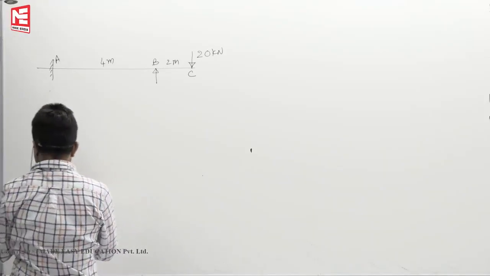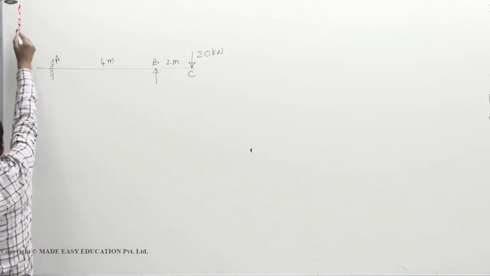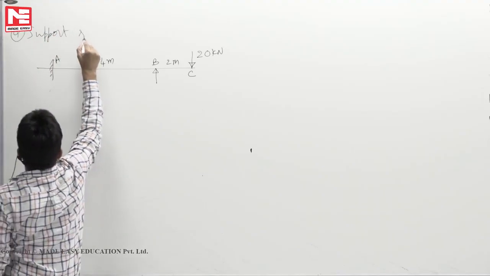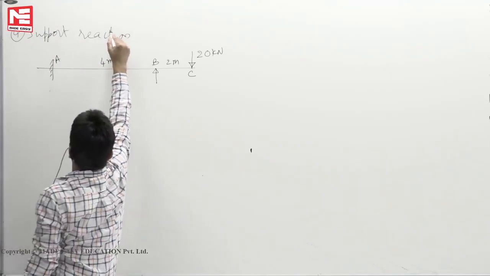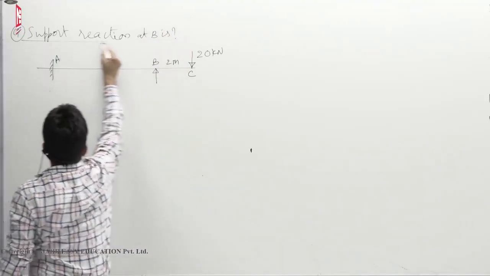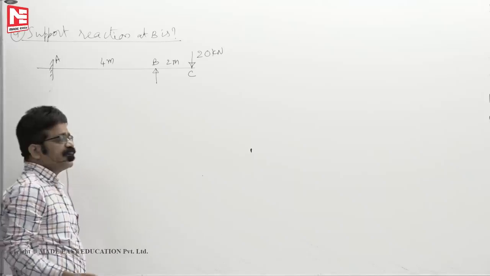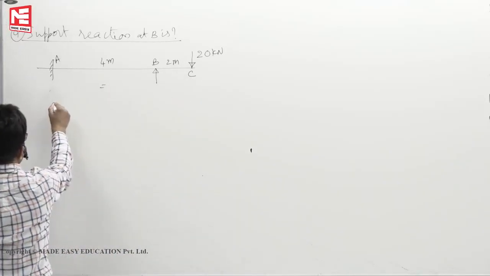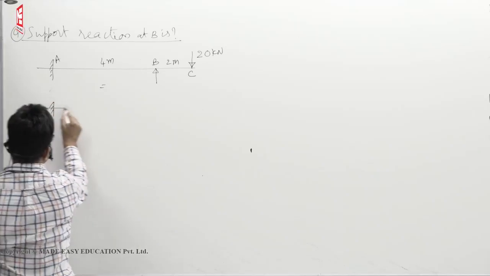Now the fresh question, reaction at B. Support reaction at B is, to find that again same process. First remove the overhang, replace it with its equivalent force.